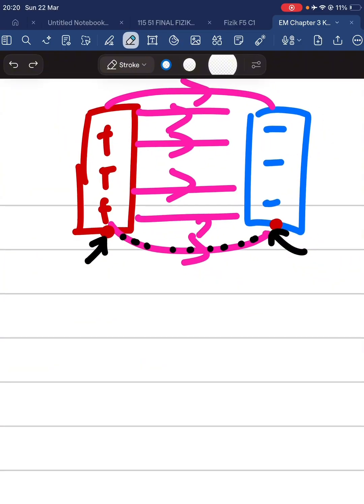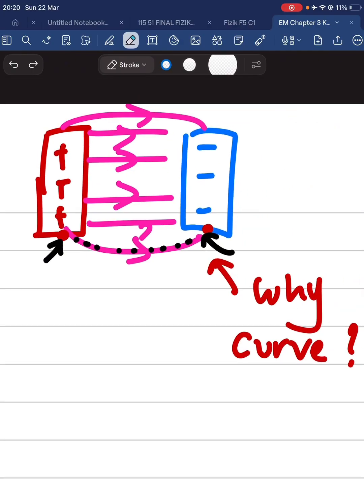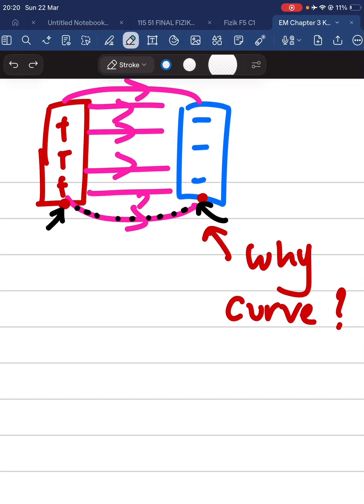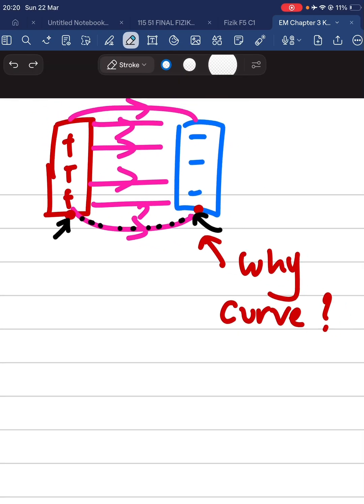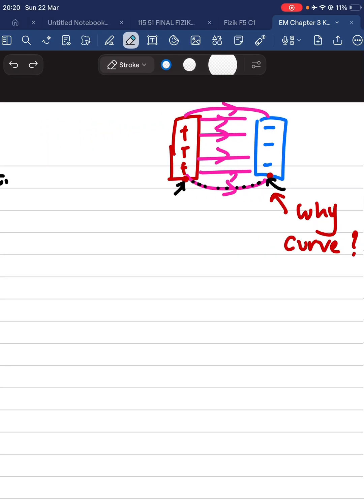Why? We have answered this in the previous class, because at the top and the bottom of this plate we have a change of the field. So the field line is not constant here, so we have a gradient of field at the bottom and top, so that's why it's slightly curved.